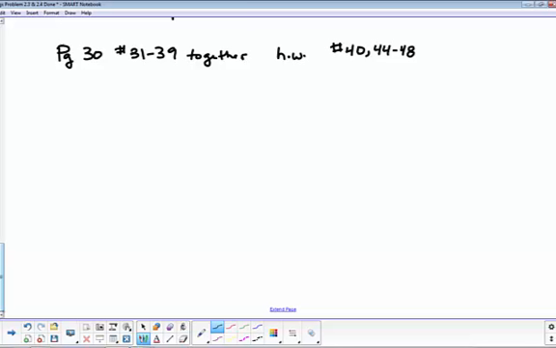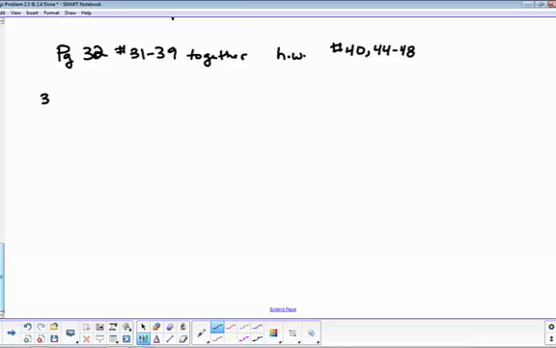So the question is, on page 30, which of these equations are quadratic and which are not? And 31, I guess, actually starts on page 32. The homework section starts on page 30.